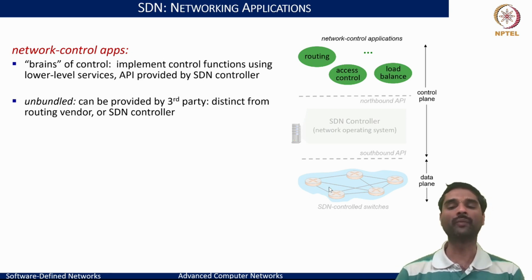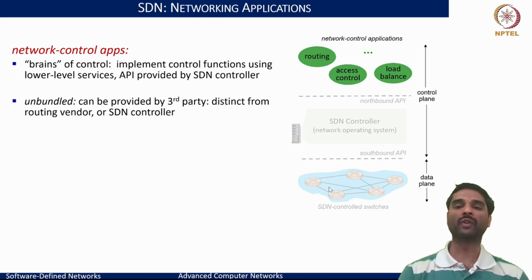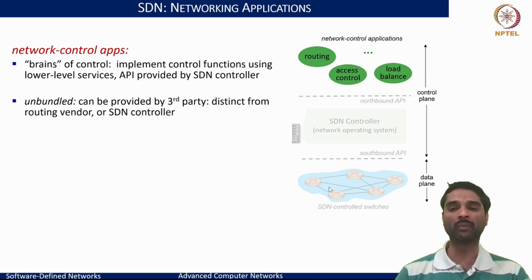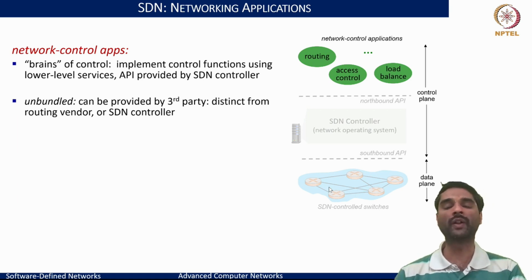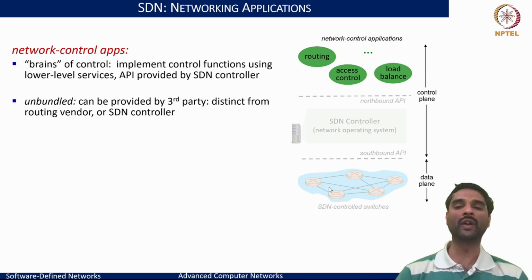In the same sense, if we think of the SDN controller as a network operating system, whoever is the vendor of the SDN controller would provide certain default applications, but it would also open up for any third party to provide the necessary applications. That way, innovation is propelled to the greatest extent, and we can try out various things very easily by building different network applications for a particular controller and trying it out on any of the networking devices.